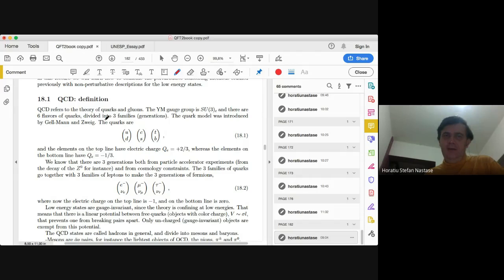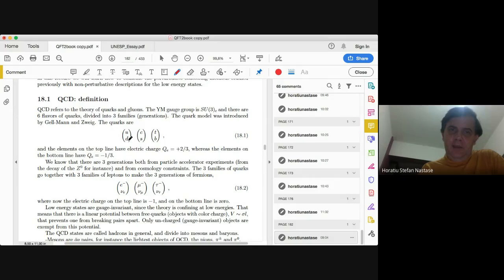And these are divided into 3 families or generations. The quark model was introduced by Gell-Mann and Zweig. And the quarks are up, down, charm, strange, top, bottom. The elements on the top line, that is up, charm, and top, have electric charge +2/3.